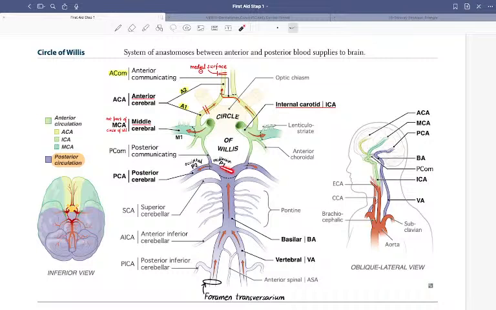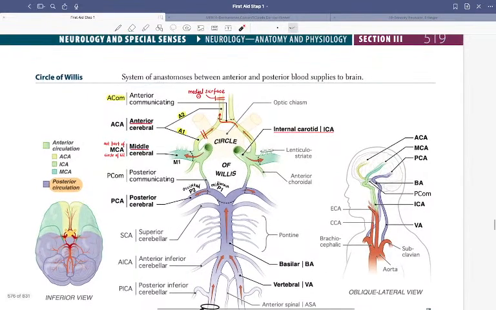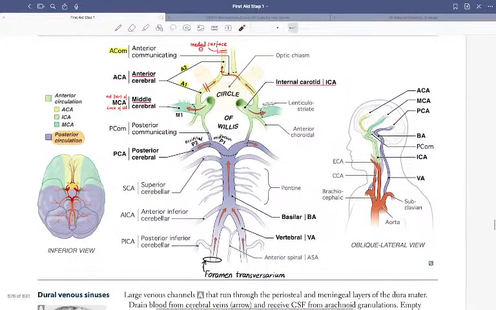P1 and P2 are the posterior cerebral artery; the P1 part is at the midbrain and the P2 part goes to the occipital region. Then we have the internal carotid artery, which gives the lenticulostriate arteries and divides into the middle cerebral artery and anterior cerebral artery, with the optic chiasma, medial surface, and anterior communicating artery. Oblique lateral view, all this is fine.